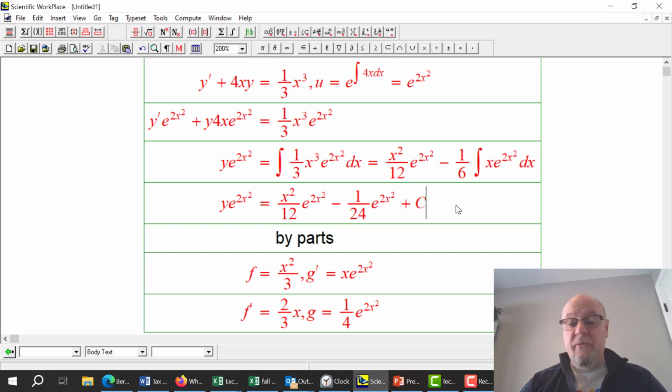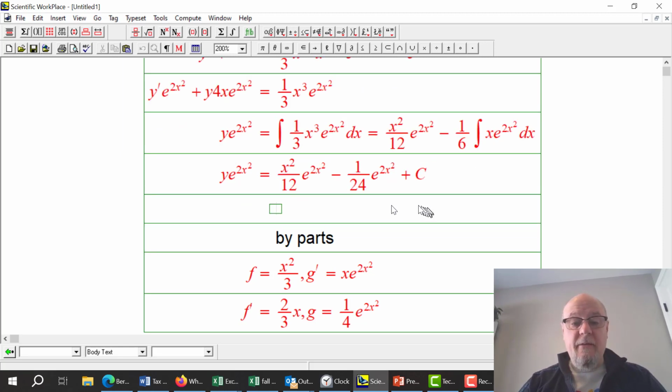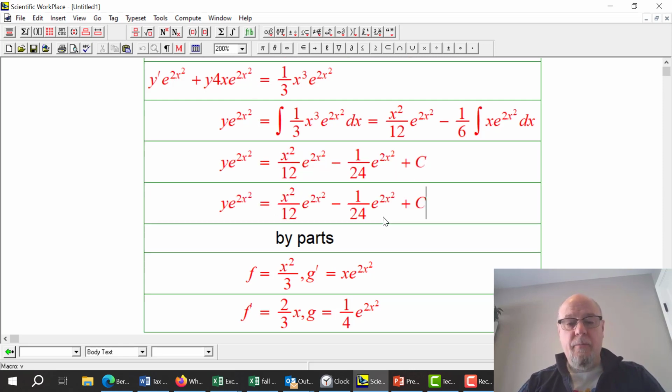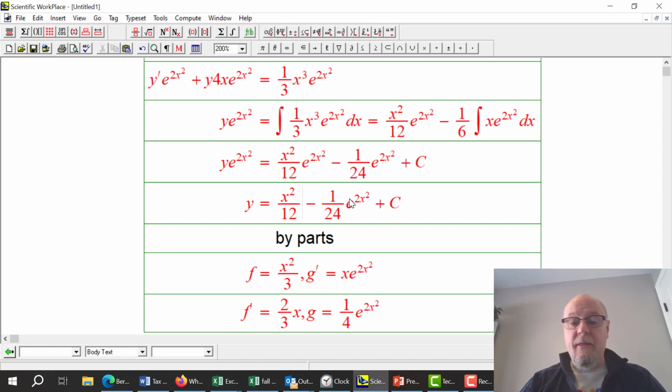If I wanted the explicit solution, I would take this whole piece and multiply through by e to the minus 2x squared. So I'm going to cancel that e to the 2x squared off all sides. So it leaves there, it leaves there, it leaves there, and then it gets tacked on here as a minus. So implicit solution, explicit solution.